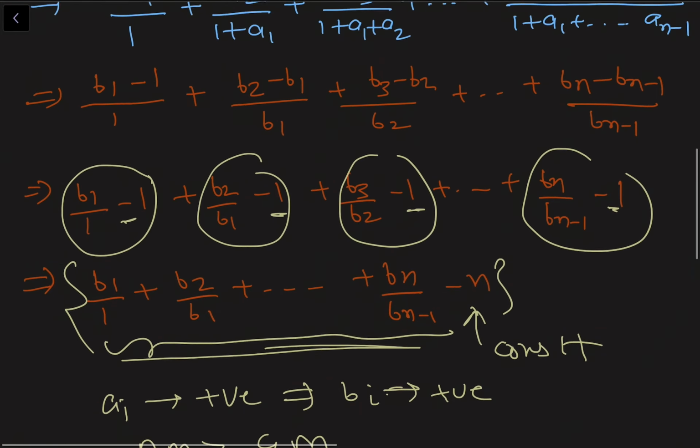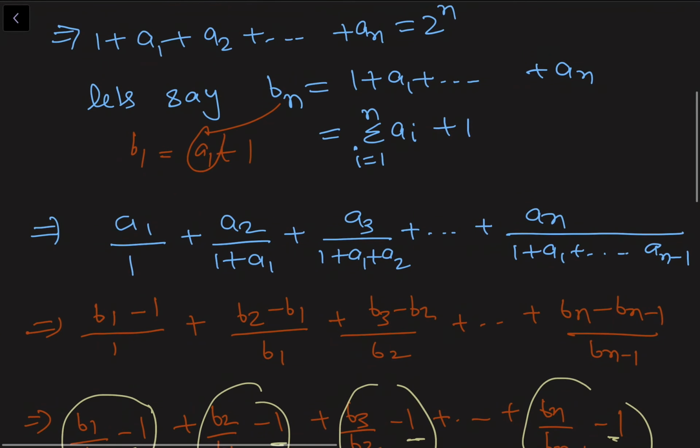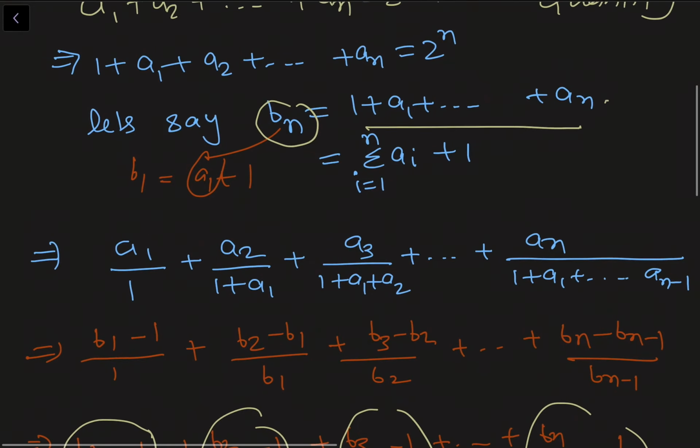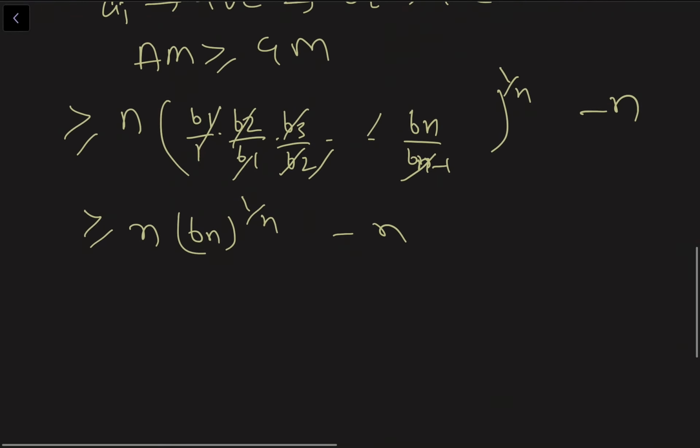Now from here we know that this bn is equal to what? See, this expression's value is 2 raised to power n. So I can say that it is n into 2 raised to power n, raised to power 1 by n, minus n.